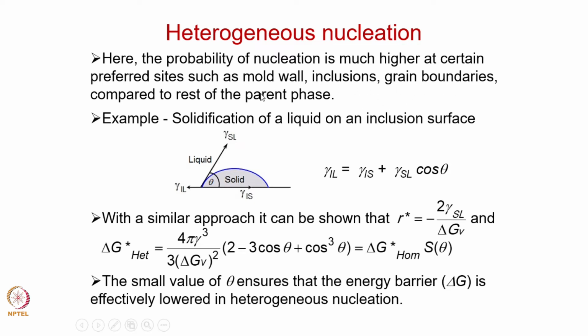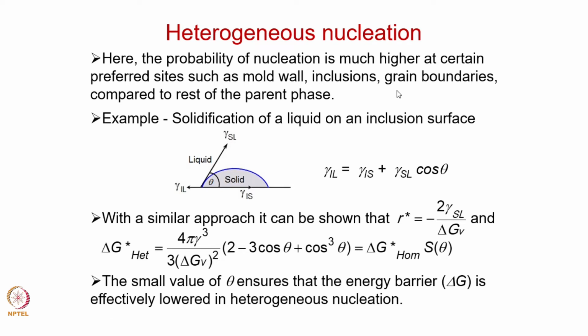So these are the sites which can act as the preferential sites for the first nucleus to form, and that is why this is known as heterogeneous nucleation, because now the nuclei will form heterogeneously at such sites rather than forming homogeneously.